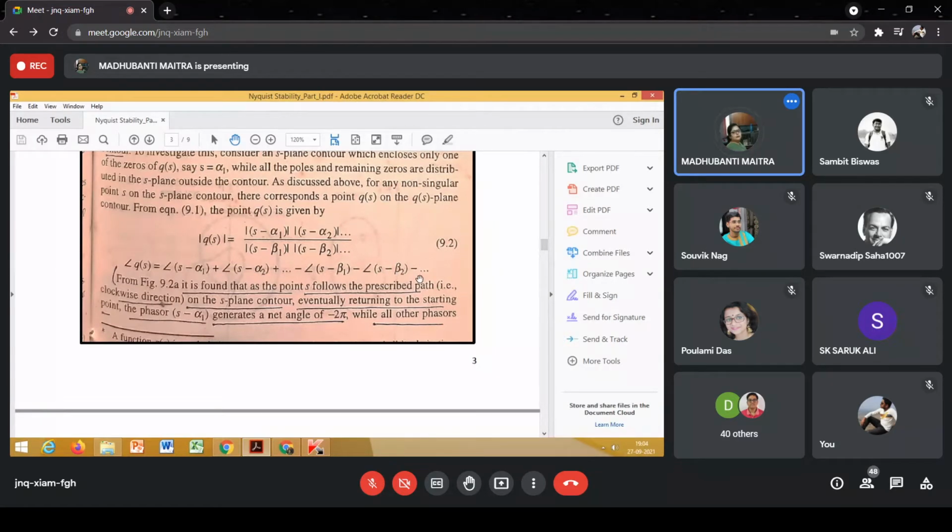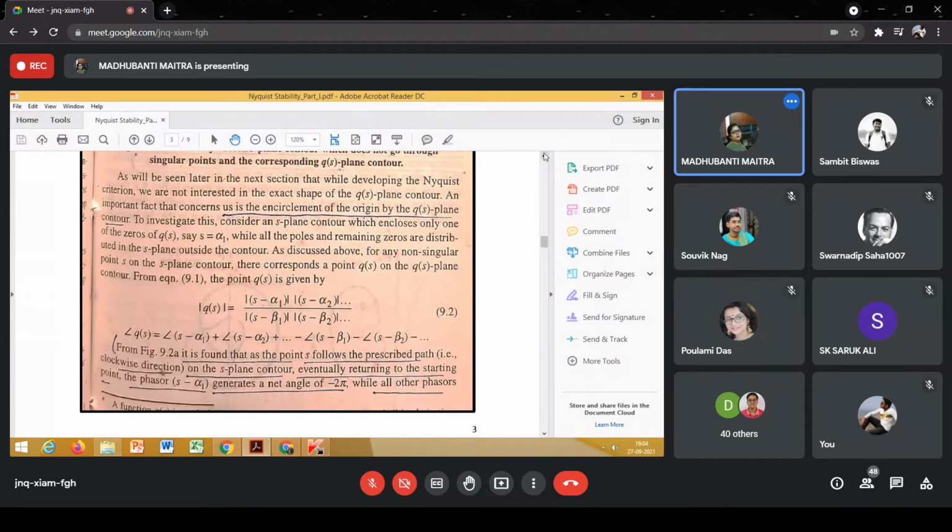And similarly, S1 will be some sigma 1 plus j omega 1, so replacing S by sigma 1 plus j omega 1, we can obtain the magnitude of Q(S). Clear?